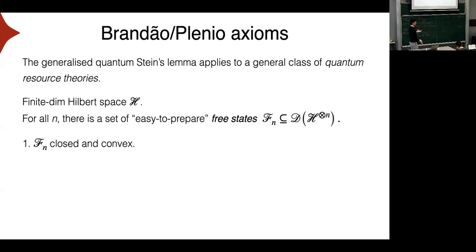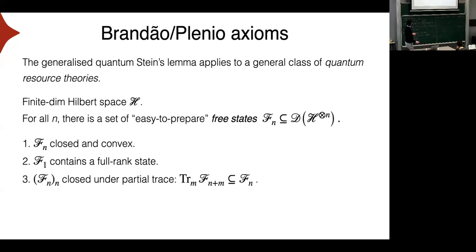First of all, we want the set to be closed and convex, because flipping a coin should be a free operation. We want the set to contain a full rank state. This is important. For example, maximally mixed should be free, or a thermal state, whatever you prefer.